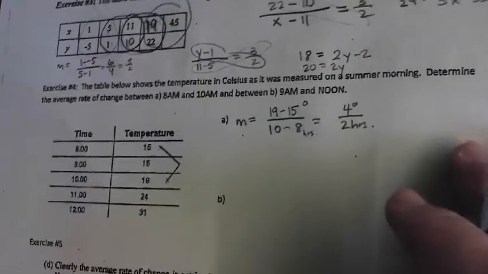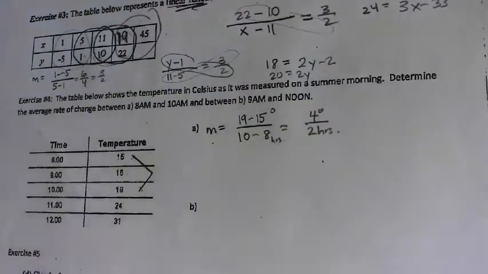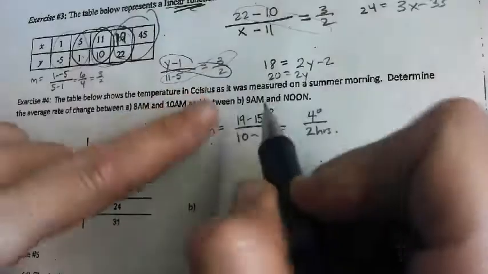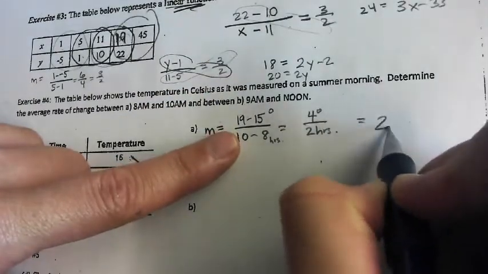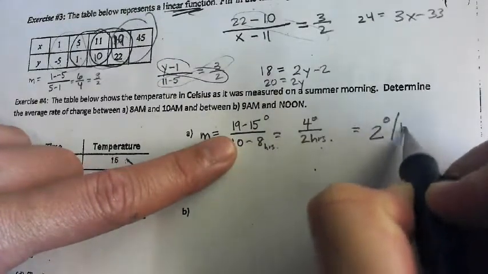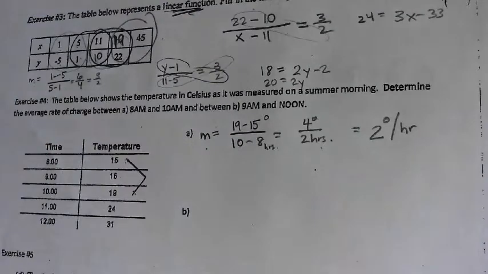You guys know the sign for like miles per hour. It's just like a slash mark, right? Per is just a slash mark because it comes from division. 4 divided by 2 is 2. Degrees divided by hours is degrees per hour. 2 degrees per hour. That per symbol comes from division, FYI. Okay?